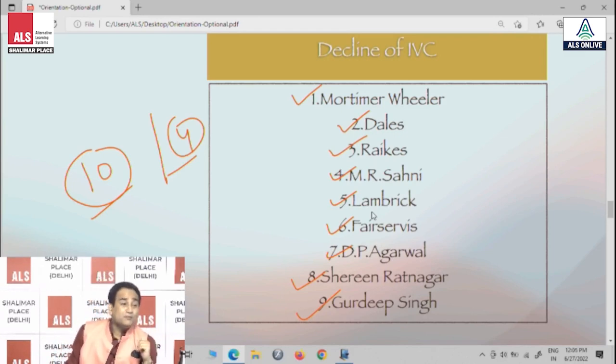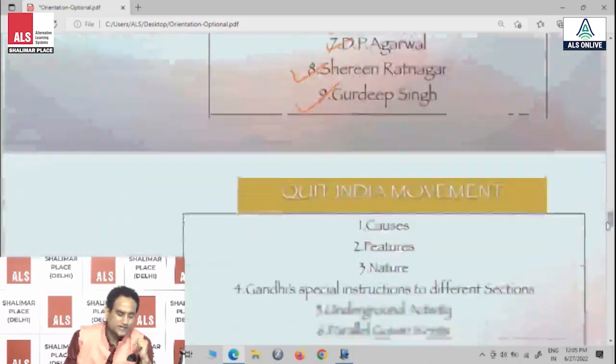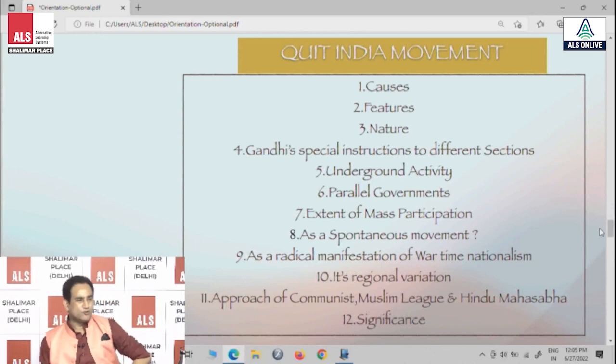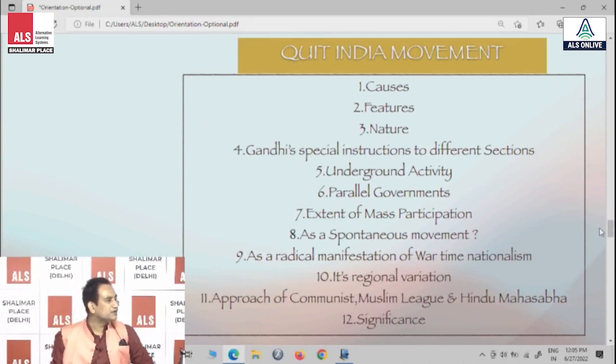Then there are some areas where there are no historians' views, but there are many dimensions. For example, you will understand it in modern India. Suppose you prepare the Quit India movement. You know the Quit India movement? When did it happen? 1942. Yes. But when you prepare it for history optional, you will divide the Quit India movement into different dimensions.